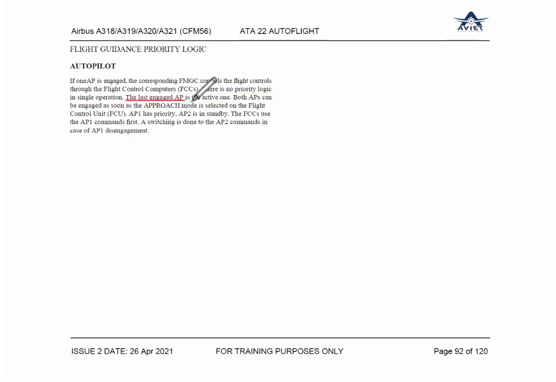Means what? If you engage autopilot 1 and now you press autopilot 2, autopilot 2 will engage and autopilot 1 will disconnect automatically. Now you press autopilot 1 again, autopilot 1 engages, 2 disconnects.